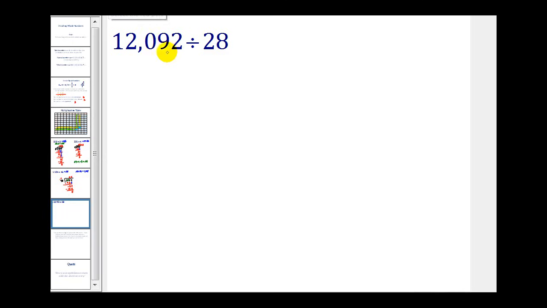Here we have 12,092 divided by 28. So we start working with the left digits of the dividend. We start with 1, that's not big enough. 12, not big enough. So then we consider 120. How many 28's are there in 120? Again, not an easy question to answer, so let's think of this as 30 and think of this as 120.